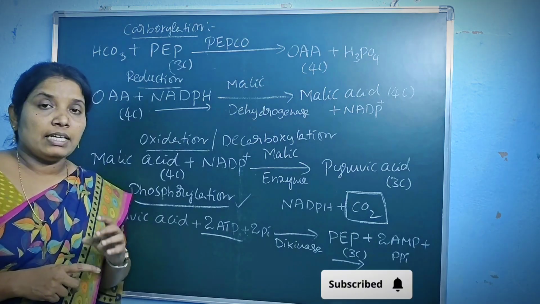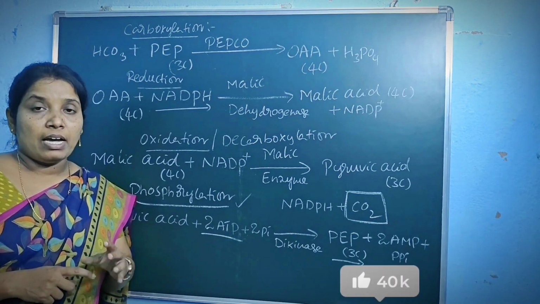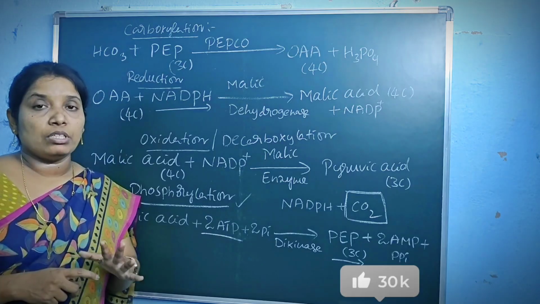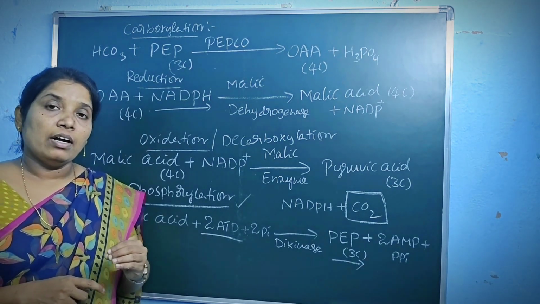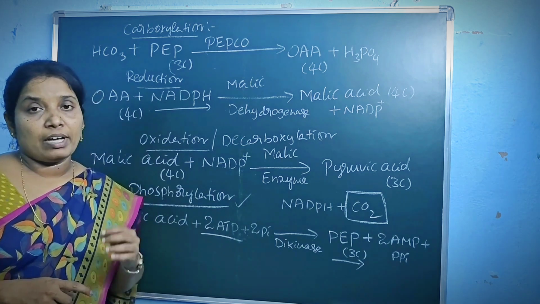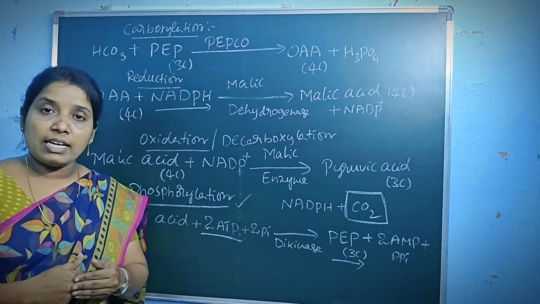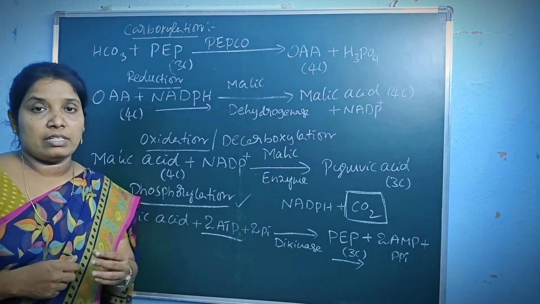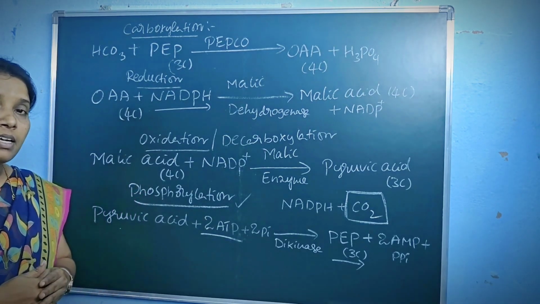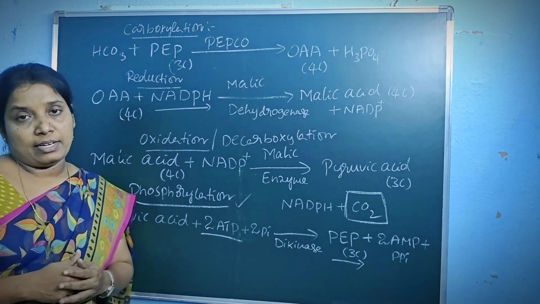Because they can close their stomata during the daytime and they can open the stomata during the night time. In this way, they are utilizing water more efficiently when compared to the C3 plants. Not only that, they utilize carbon dioxide more efficiently when compared to the C3 plants. So CAM plants are more advanced when compared to the C3 plants.